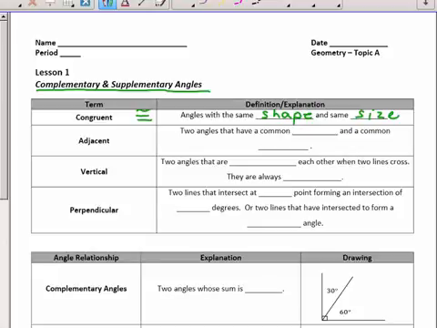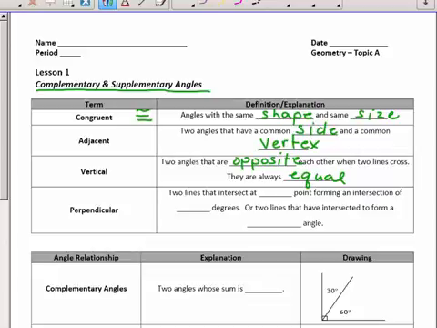Adjacent angles are two angles that have a common side and a common vertex. Vertex is kind of the point, the corner. Vertical angles are two angles that are opposite each other when two lines cross, and they are always equal or congruent.